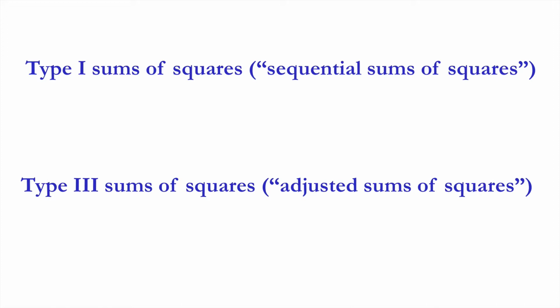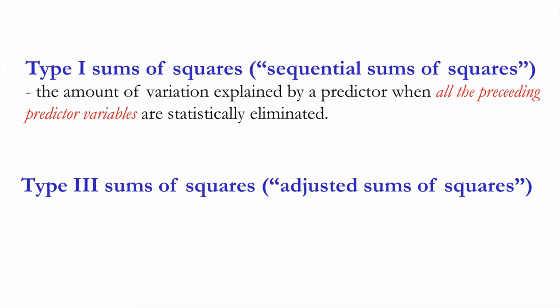And I'm going to introduce two here. The first one is the type 1 or sequential sum of squares, and the second is the type 3 or adjusted sum of squares. With the type 1 sum of squares, it's a hierarchical sequential system in which we try to look at the amount of variation explained by a predictor when everything above it in the list, i.e. all those preceding predictor variables, are statistically eliminated.